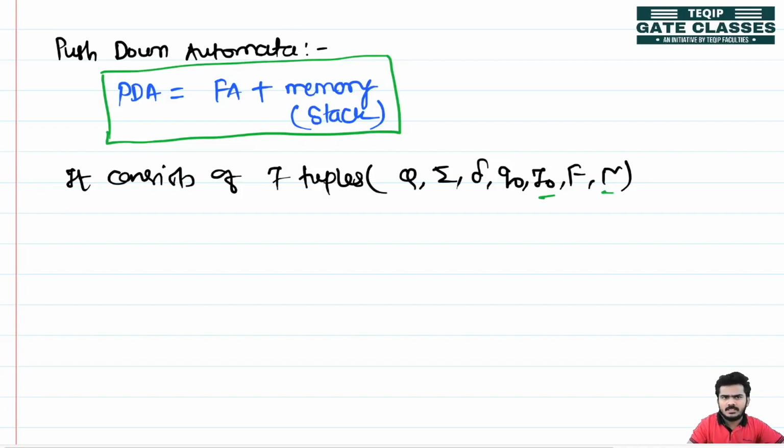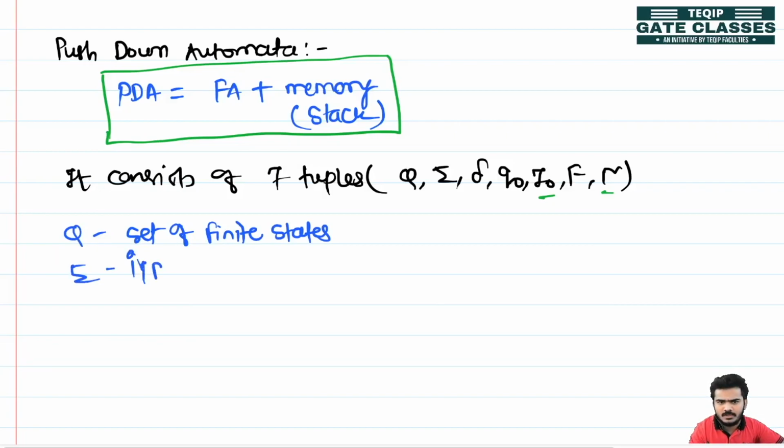Let's discuss what is meant by Q. Q is the set of finite states; we have a finite number of states represented by Q. Summation is the input alphabet.